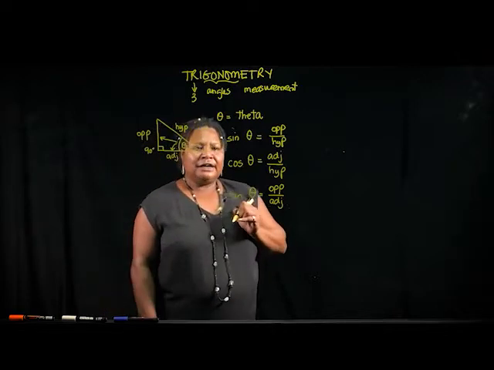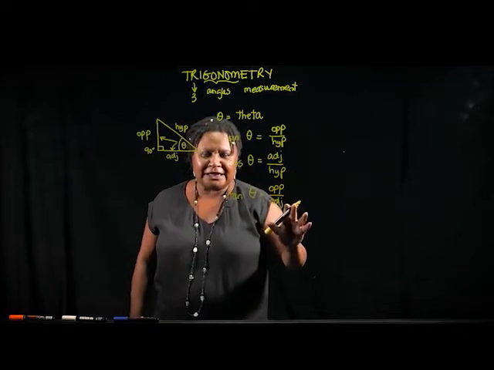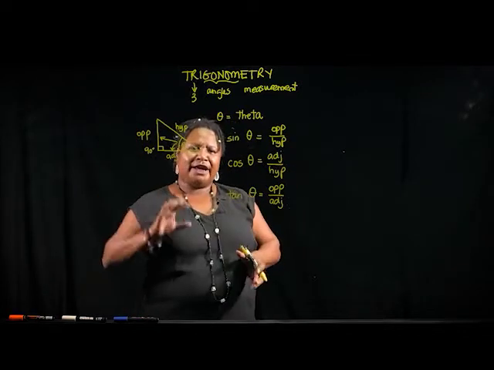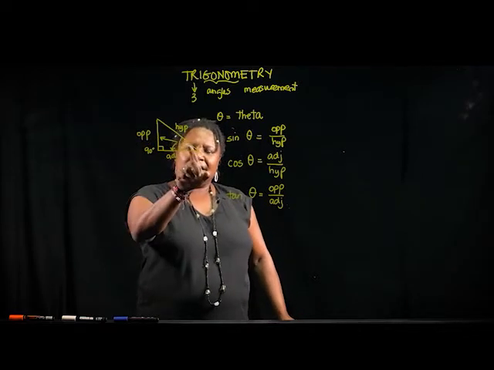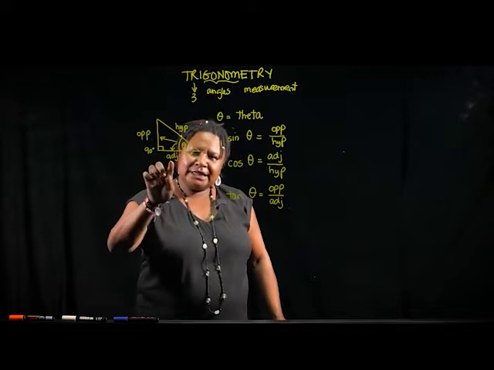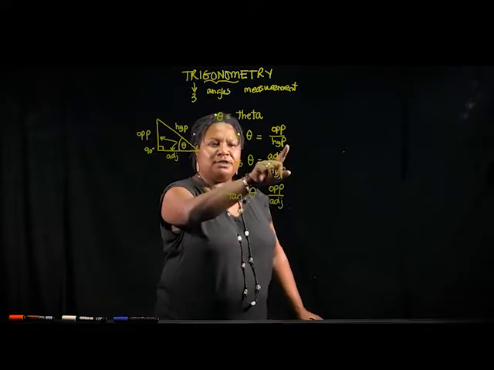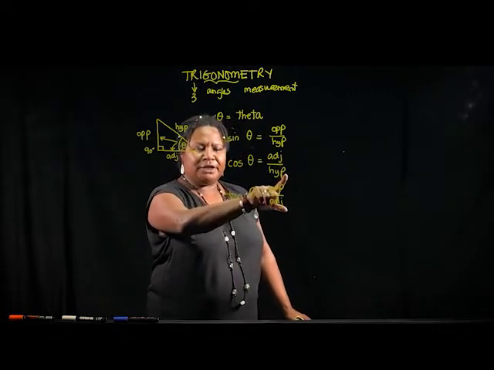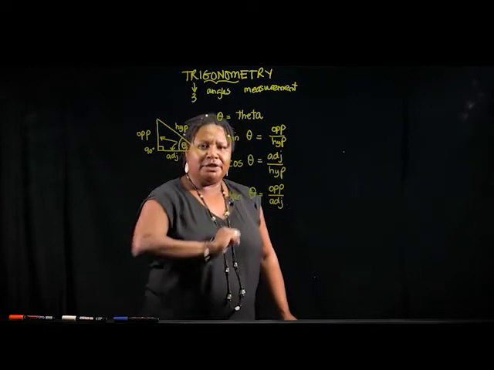Now, this is very important. You will need to remember this. If you still don't understand, always go back to your triangle and look at the sides opposite the given angle, adjacent to the given angle. Sine, opposite over hypotenuse, cos, adjacent over hypotenuse, and tan, opposite over adjacent.